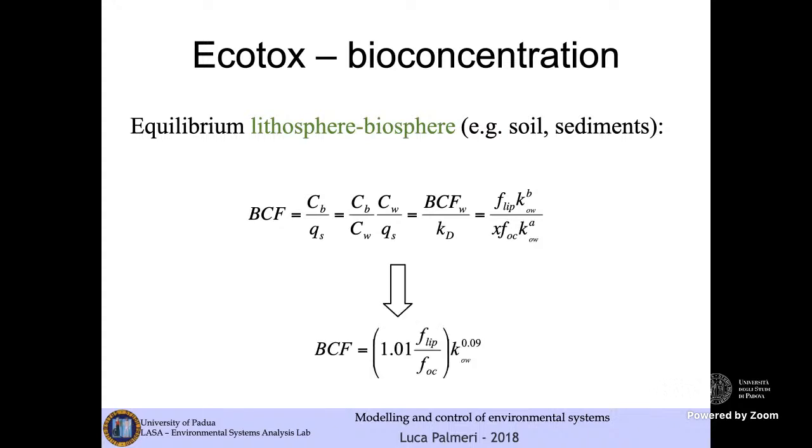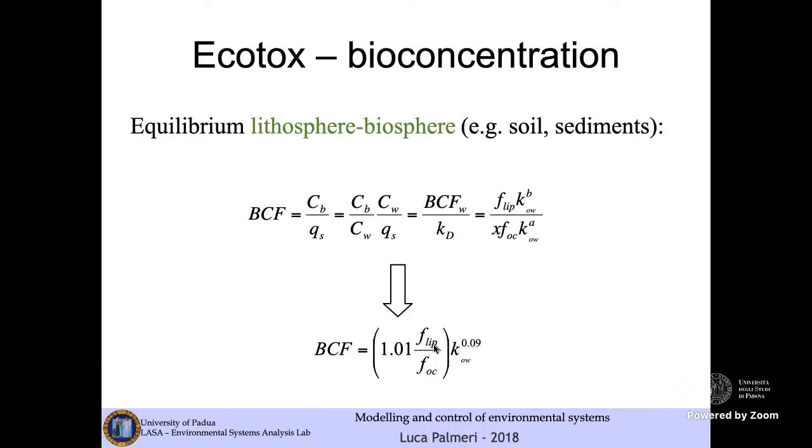By putting all these together, we obtain this relationship that says that the bioconcentration factor in the biota, starting from the concentration of contaminants in the solids, is equal to 1.01 times the lipid fraction of the biota times the organic carbon fraction of the solid.